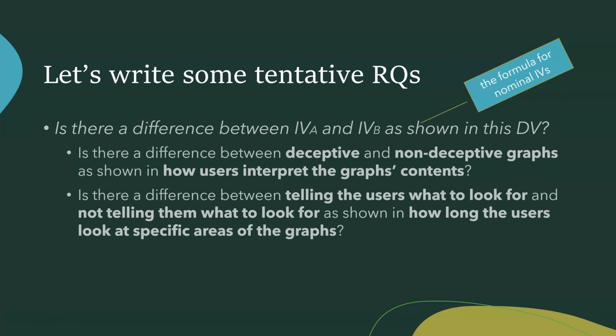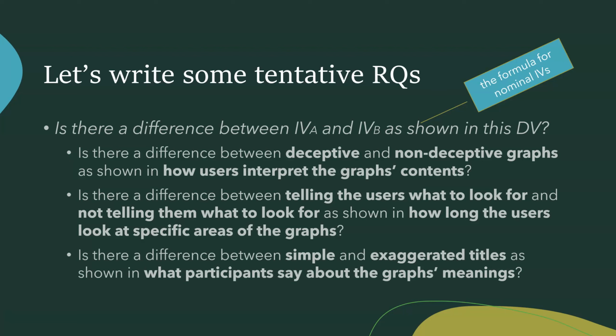How about this one? Is there a difference between telling the users what to look for and not telling them what to look for? That independent variable, two different conditions, as shown in how long the users look at specific areas of the graphs, my dependent variable, thing I can measure. Here's another possibility. Is there a difference between simple and exaggerated titles?